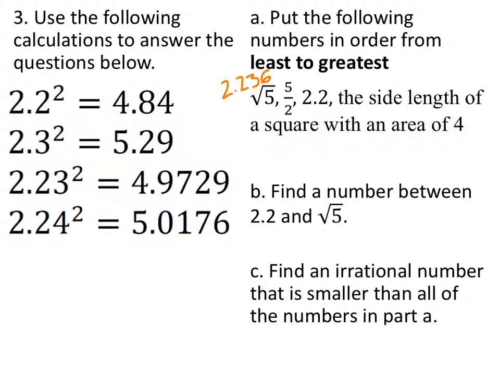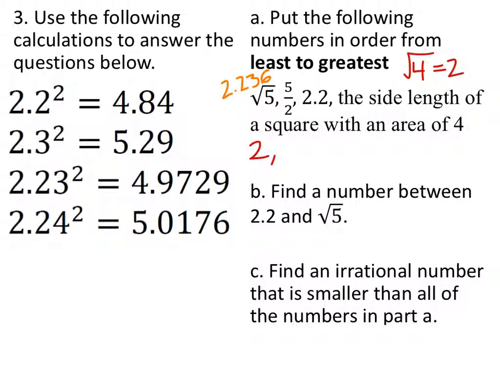So I got the square root of 5 as about 2.236. And the side length of a square with an area of 4, the side length would be the square root of 4, which is 2. So we're just going to order these from least to greatest, the smallest of which is the side length of a square with an area of 4. So that would be the 2.